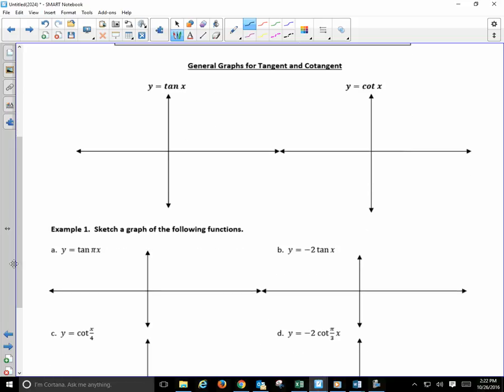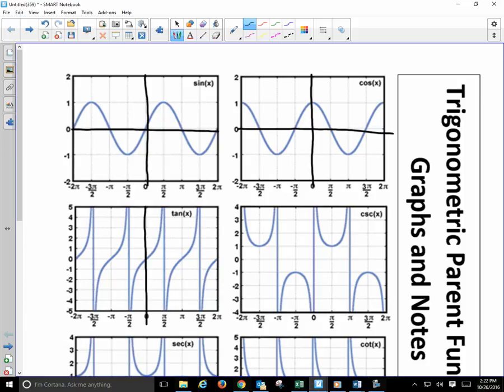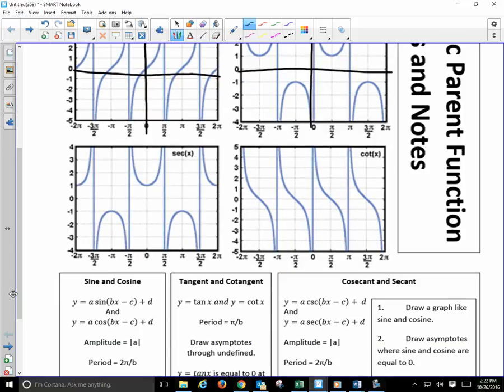If you flip to your very last page, it should look something like this. If you want to draw your axes in, you sure can. But these are the graphs of sine, cosine, secant, cosecant.